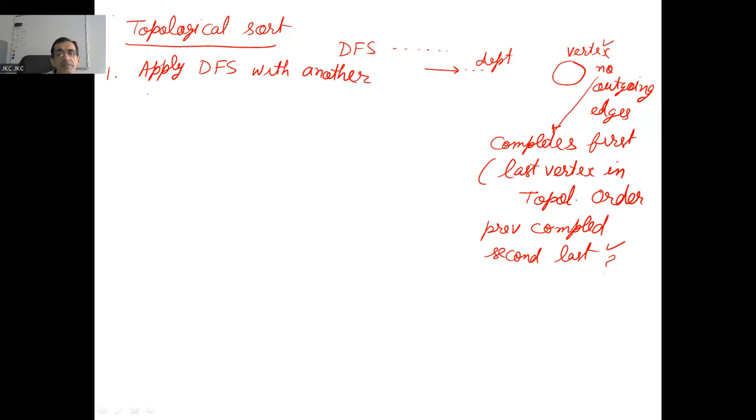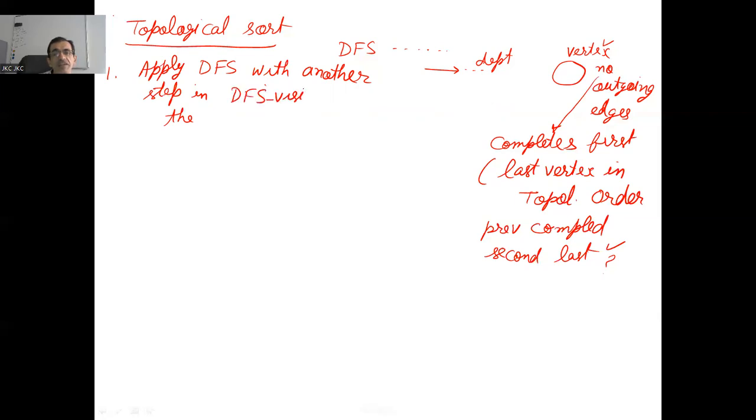And what is that step? I will say in main DFS, not in DFS visit, or even if we can do this in DFS visit, I will say that with another step in DFS visit.